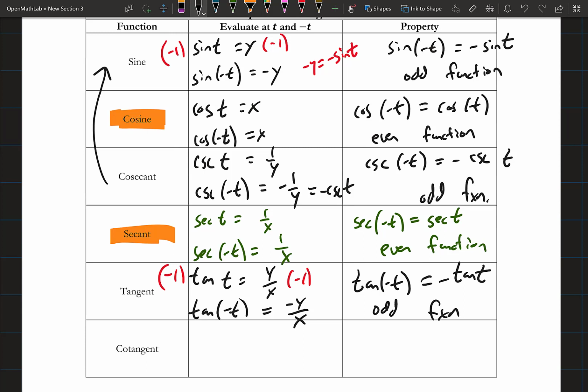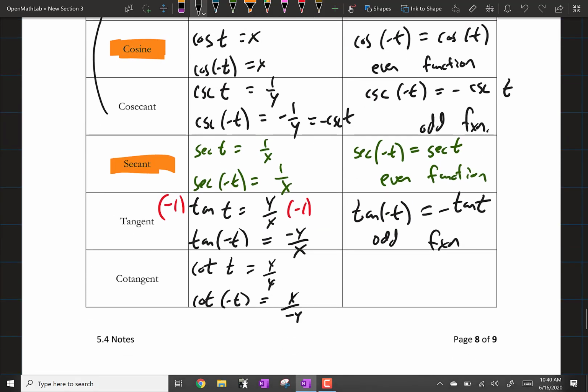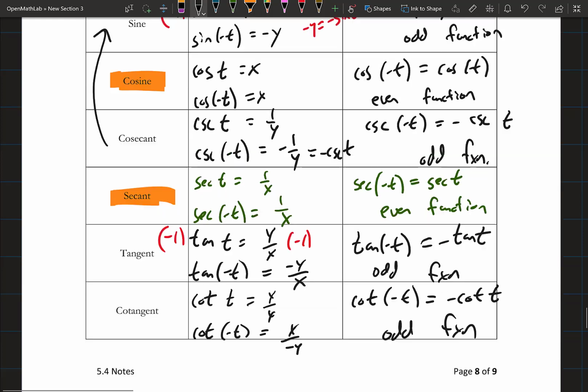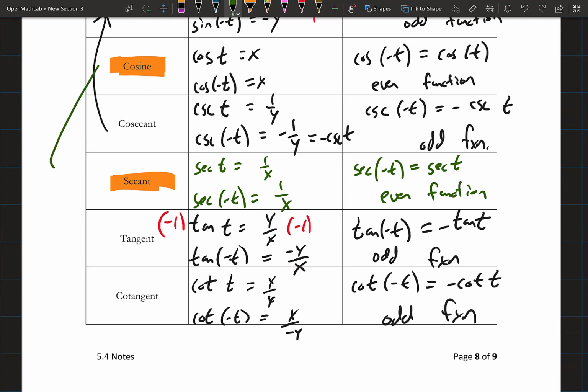And then cotangent of t is equal to x over y, and cotangent of negative t is equal to x over negative y. So cotangent of negative t would be equal to negative cotangent of t, which means this is an odd function, as promised. So these are my two even functions. The rest are odd.